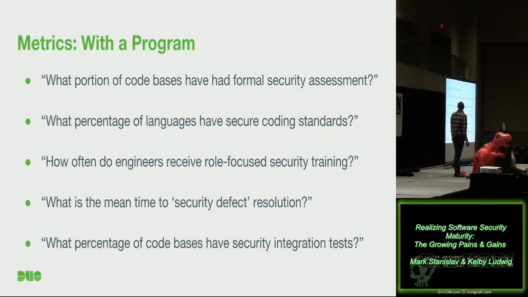Another metric might be how engineers receive role-focused security training. As part of your program, you may do some sort of training that's general purpose across all engineers, but maybe it's more effective to do training that's targeted to a specific subset of engineers.